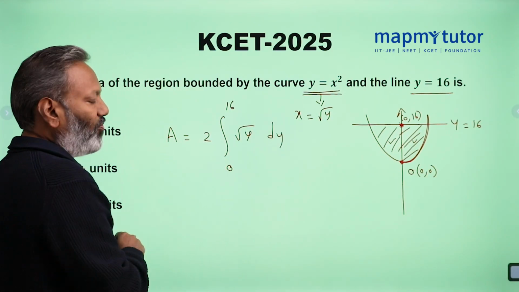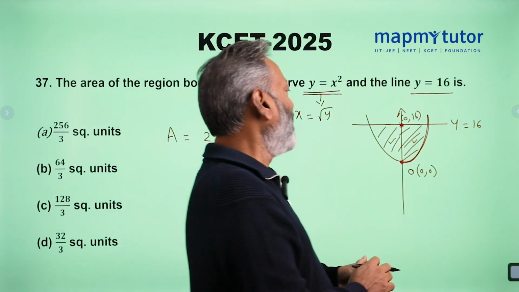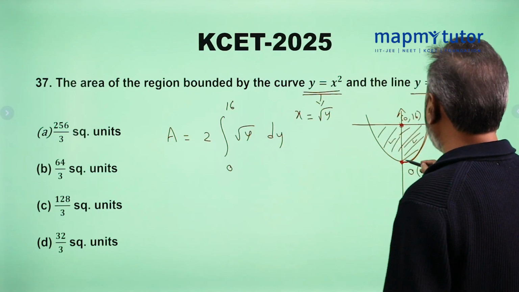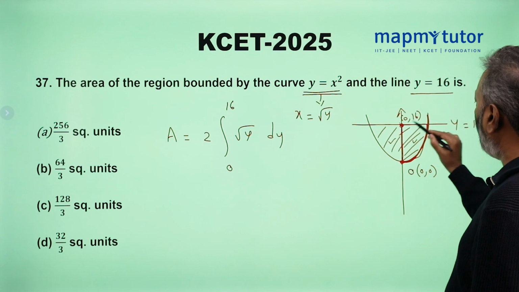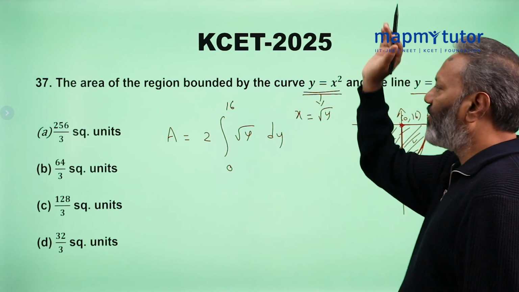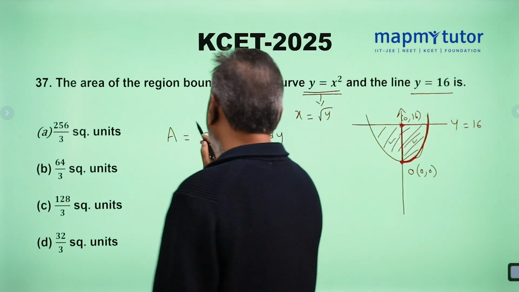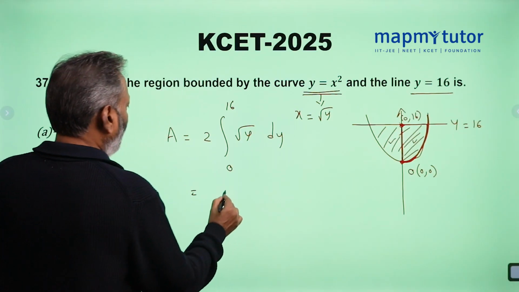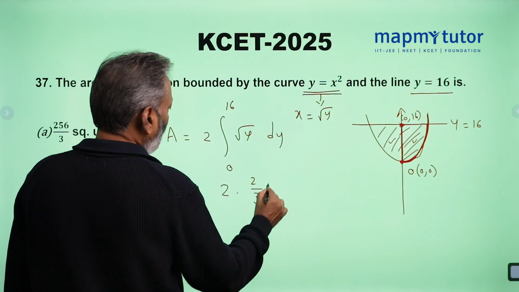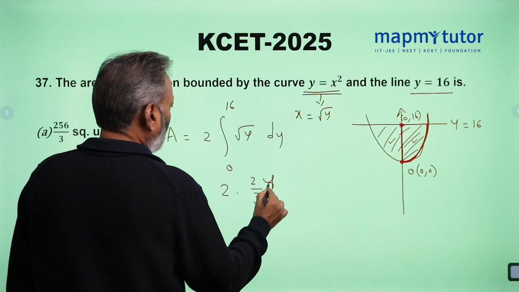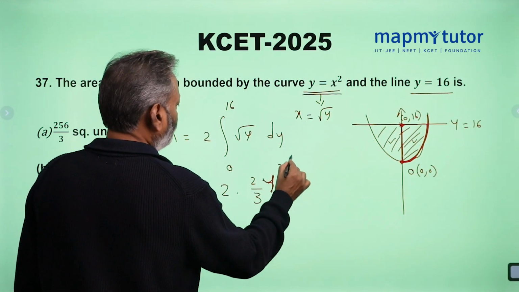Everybody got this? Why is it 2 times? Because if you integrate from 0 to 16, this part of the curve, only you will get this part of the area, which is half of your required area. That's why I am multiplying by 2. And 2 times, what is integral root y? 2 by 3 y power 3 by 2.